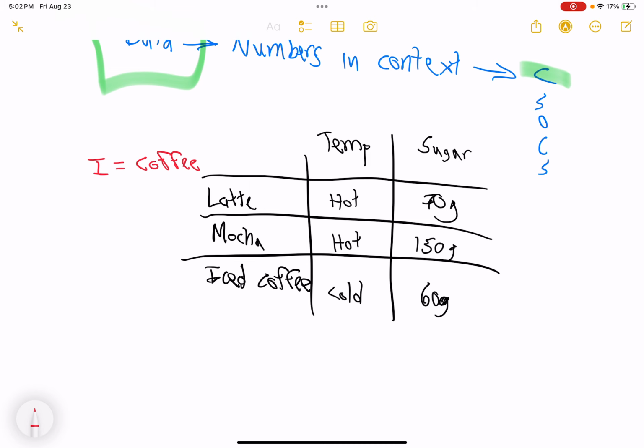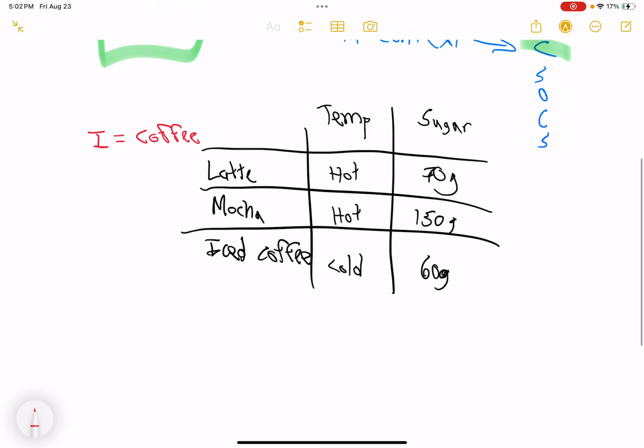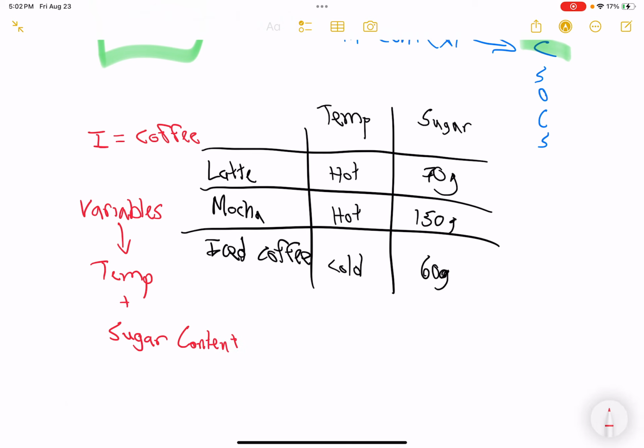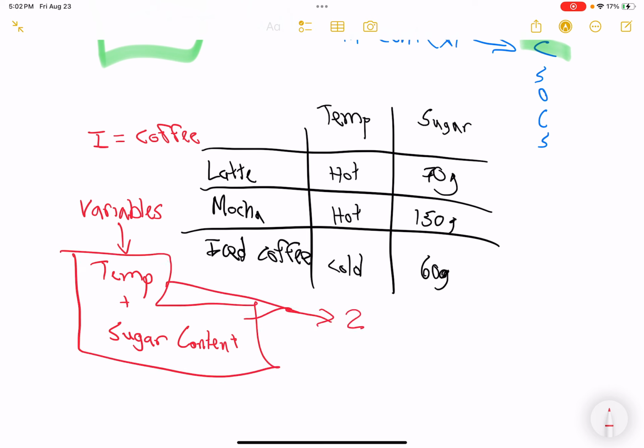Now, the question, on the other hand, of the variables here, the variables concerning are temperature and sugar content. Right? So altogether, we have two variables. All right, and that's super important.